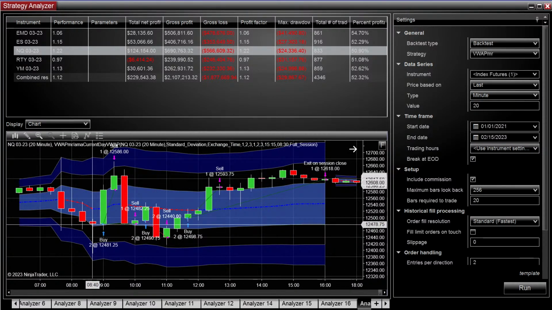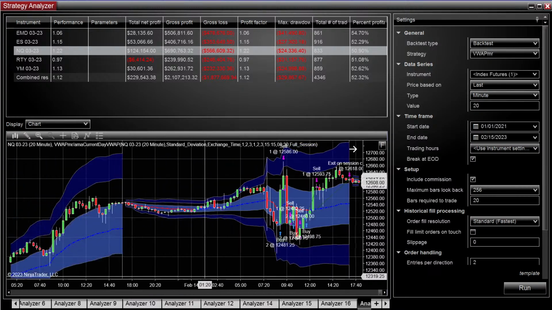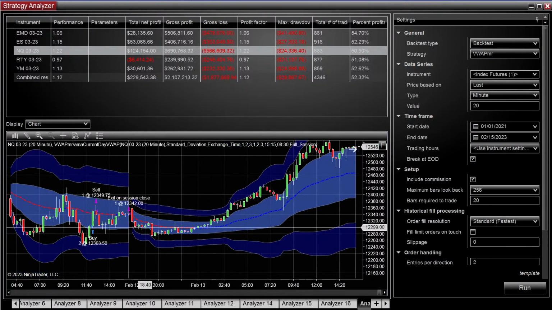Here we closed above, entered long, closed above again. It's pretty interesting.